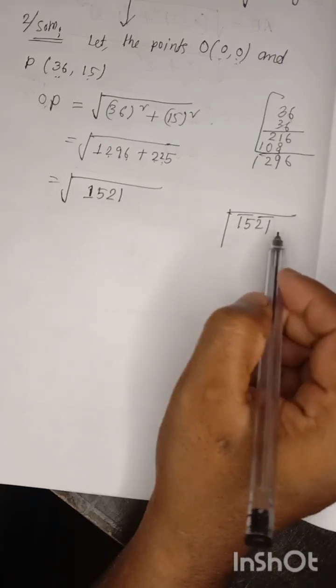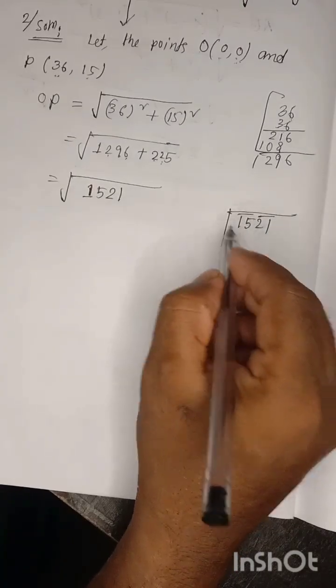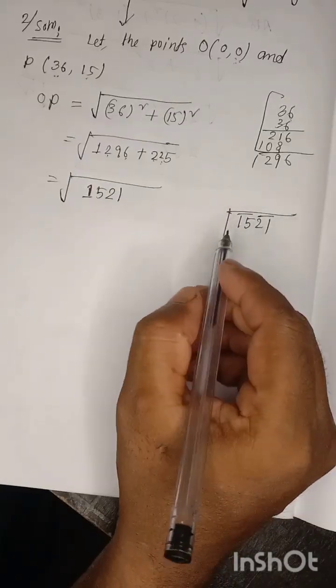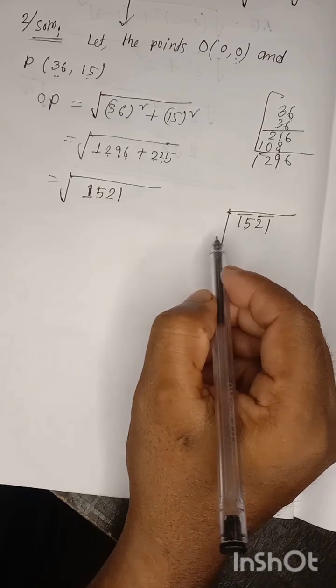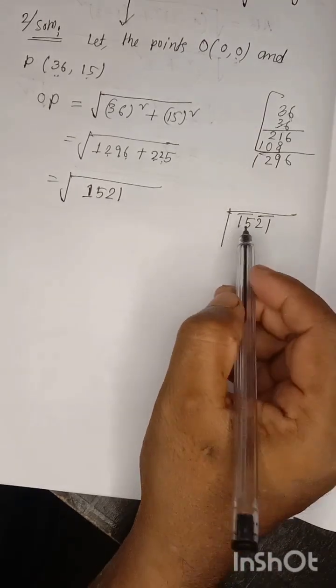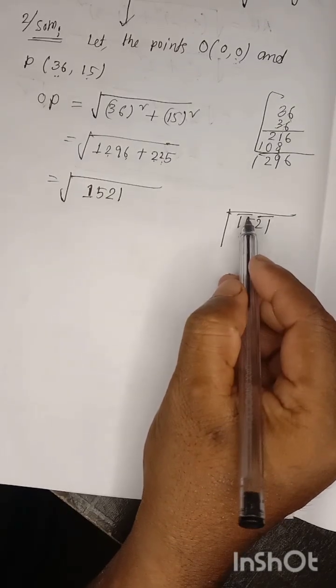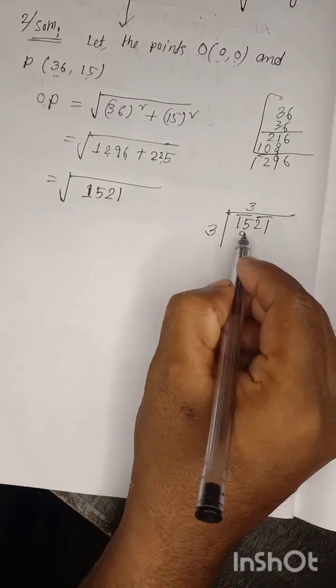First we take the first pair, 15, and divide it by a square number. 4 fours are 16, which is more than 15, so we can't take it. 3 threes are 9.